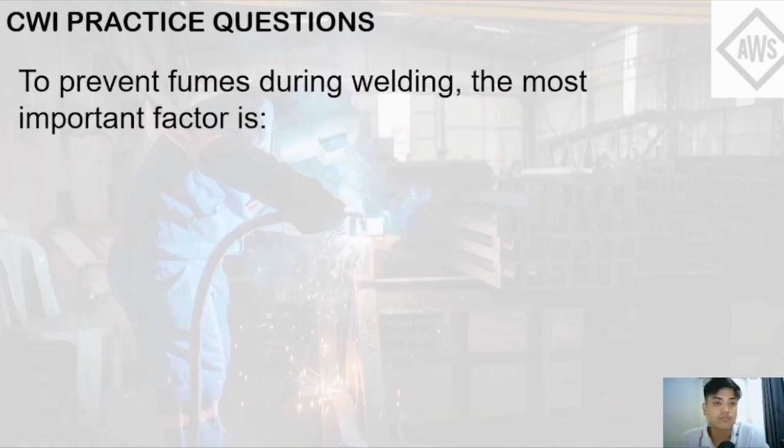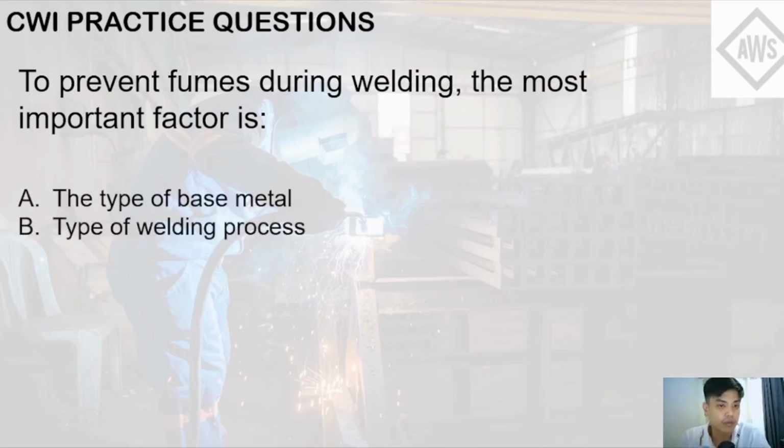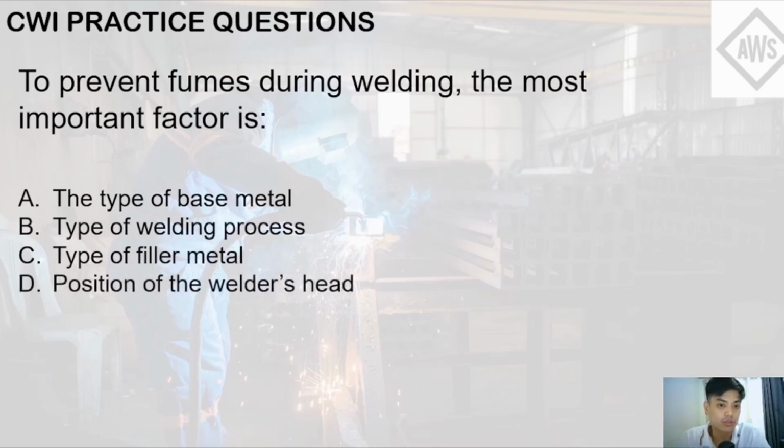So the last question for this set is, to prevent fumes during welding, the most important factor is: A, the type of base metal, B, the type of welding process, C, the type of filler metal, D, the position of the welder's head. So to prevent fumes during welding, what will be the most important factor? Meaning the most important factor is the one that you can control.